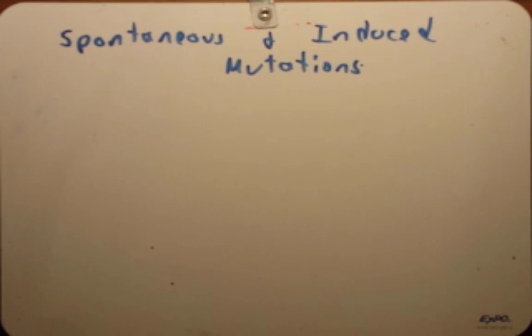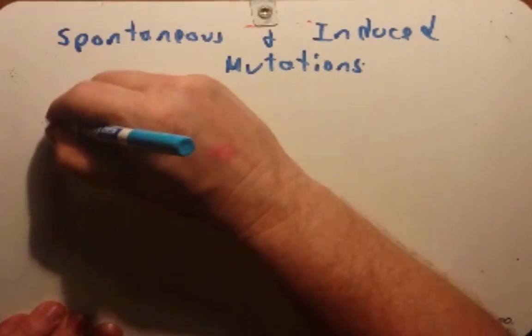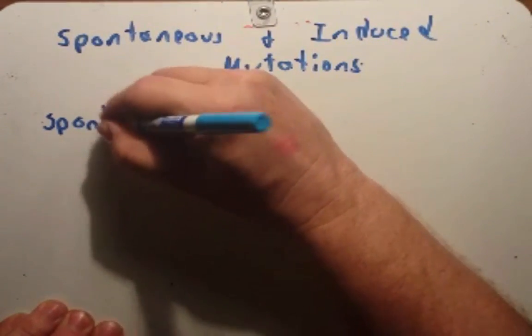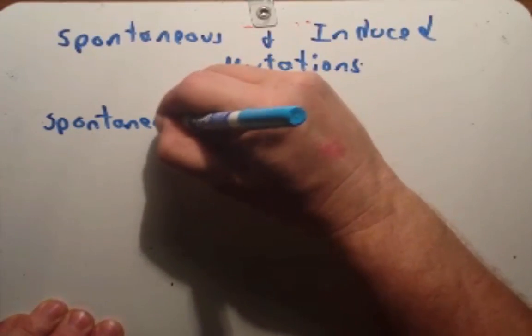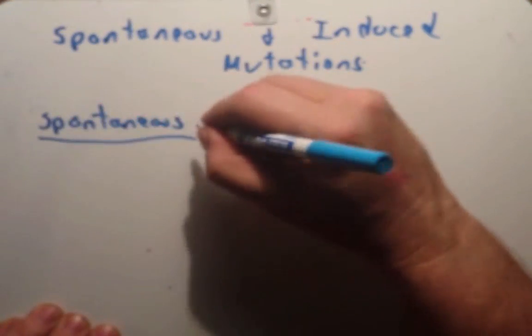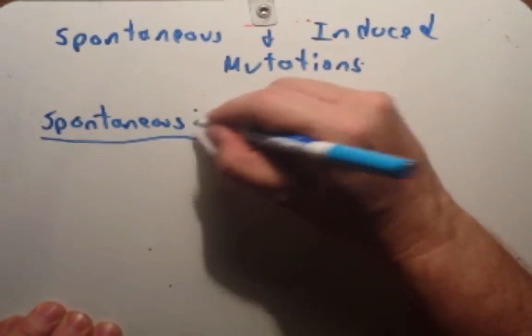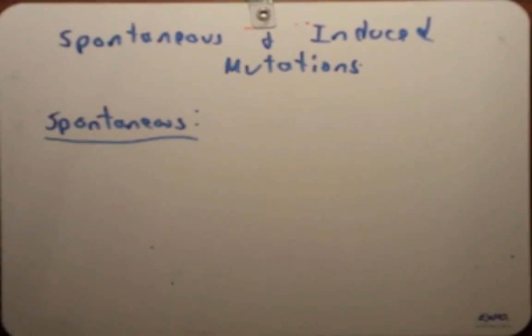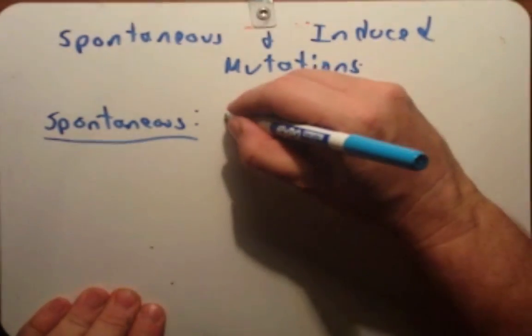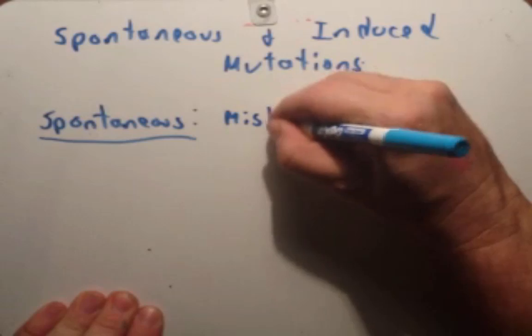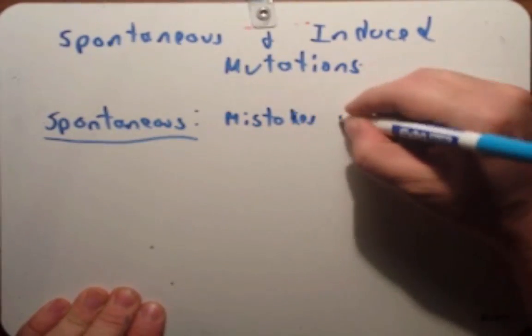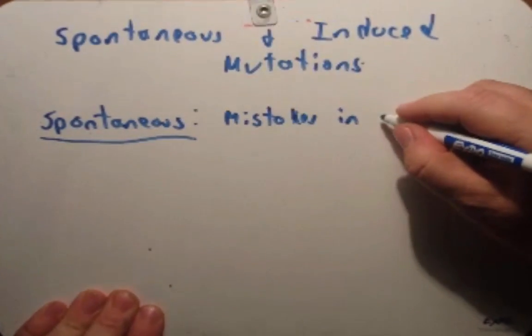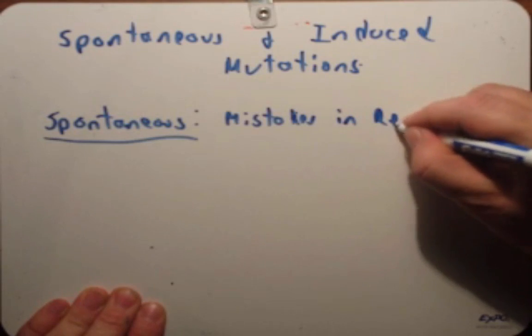The first thing is you need to know the difference between a spontaneous and an induced mutation. So spontaneous mutations, as the name implies, are mutations that form naturally. They could be mistakes in replication, DNA replication.